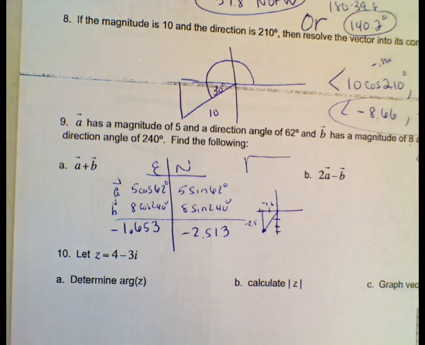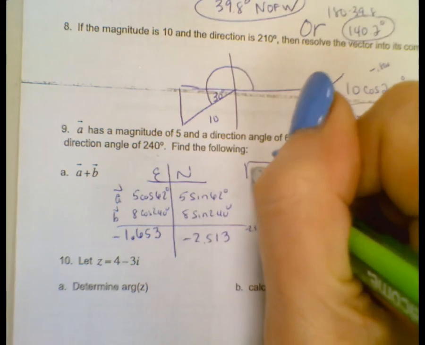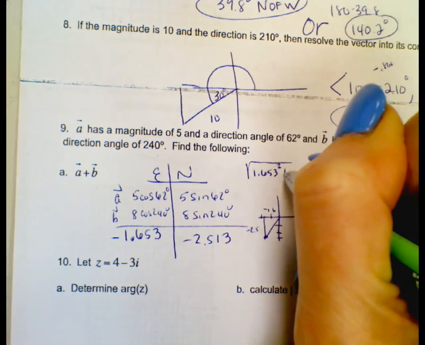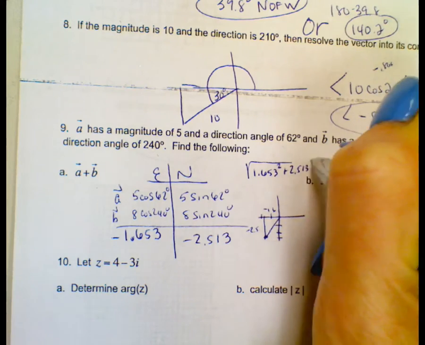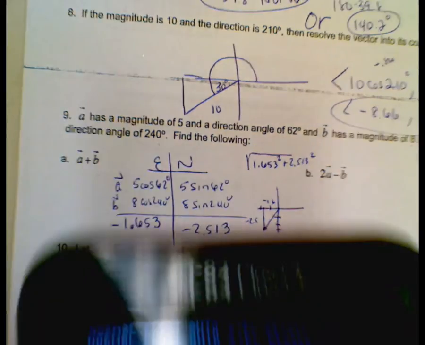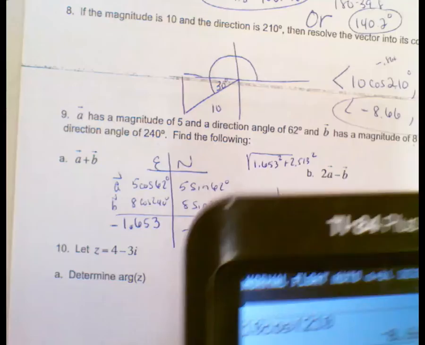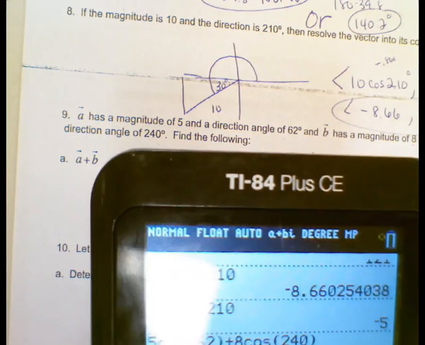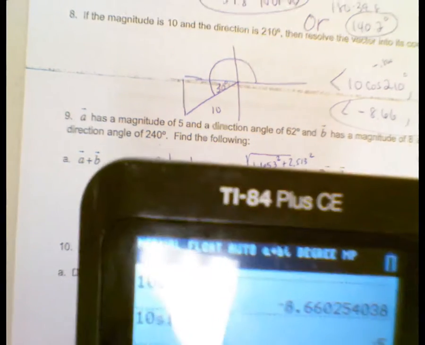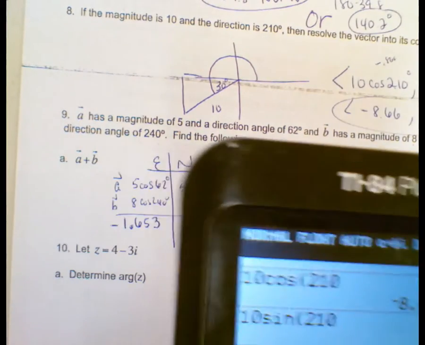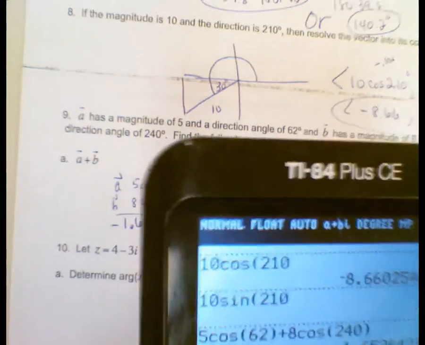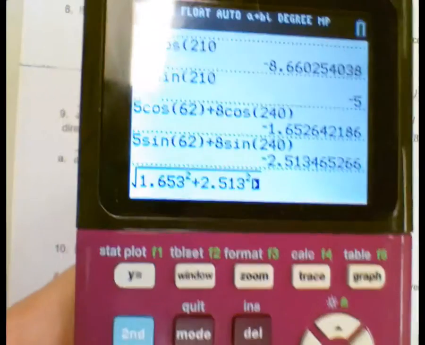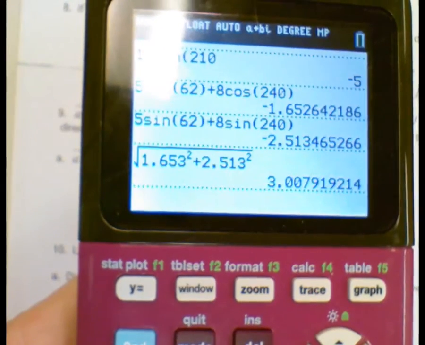Okay, so let's do our little work here. Again, I'm not going to use the negative because we don't need to. Squared is positive. So 1.653 squared plus 2.513 squared equals.